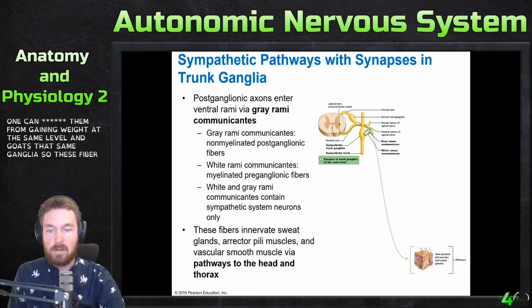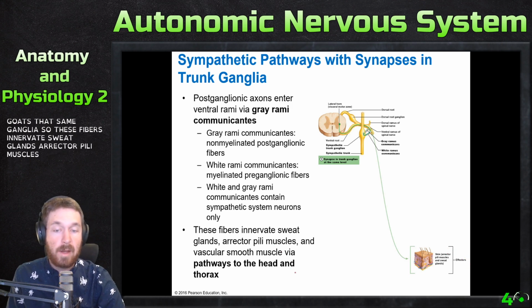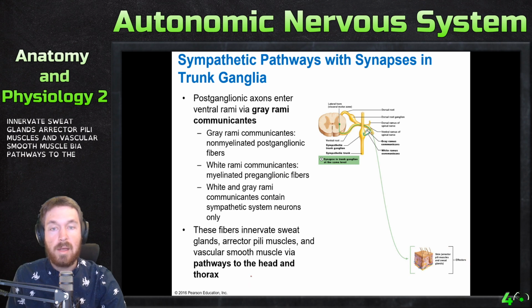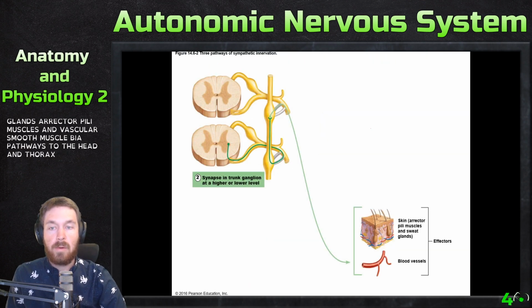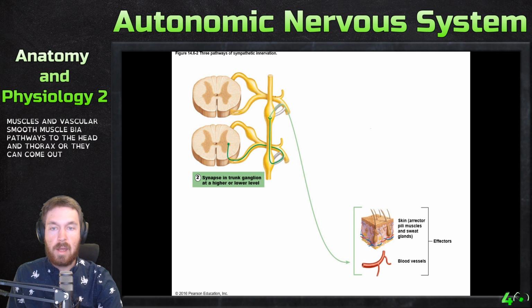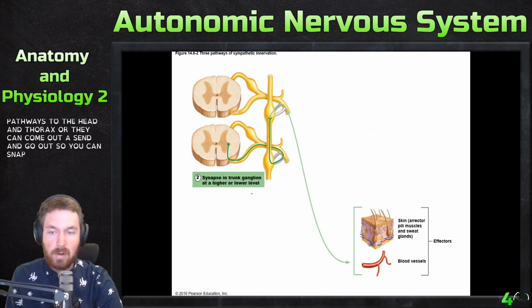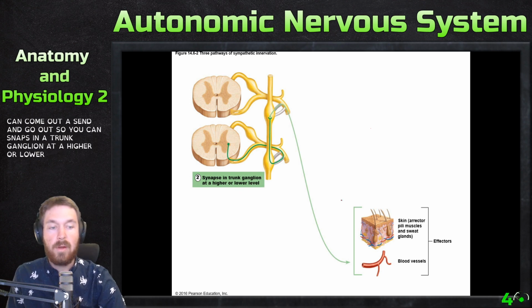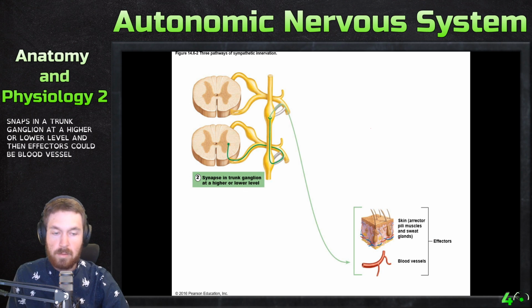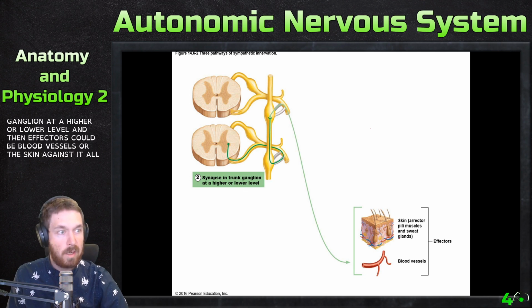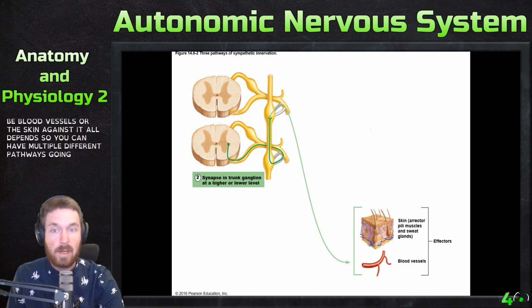So these fibers innervate sweat glands, erector pili muscles, and vascular smooth muscle via pathways to the head and thorax. Or they can come out, ascend, and go out. So they could synapse in a trunk ganglion at a higher or lower level, and then effectors could be blood vessels or the skin again. So it all depends. You can have multiple different pathways going to the same organs.